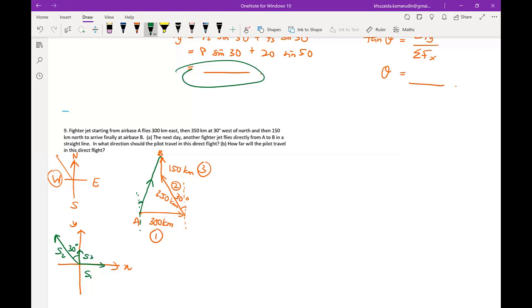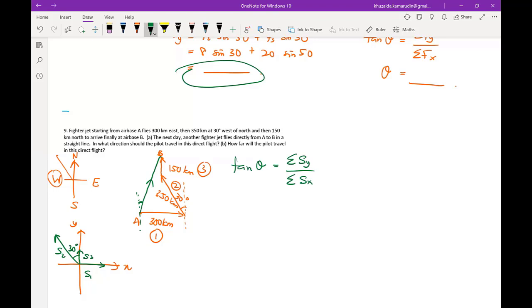Okay, so ada dekat sini 3 vector, okay, displacement, and we want to find the resultant. Okay, so because the question asks for direction first, so maksudnya kita nak gunakan equation tangent theta equals summation of Sy divided by summation of Sx.